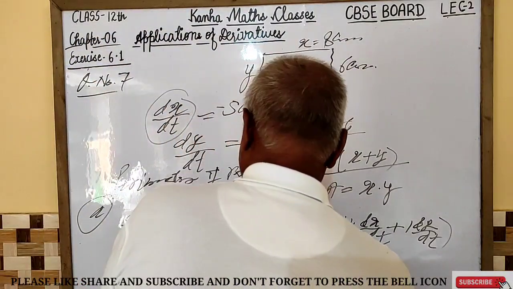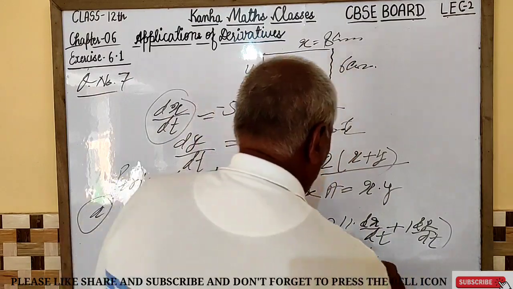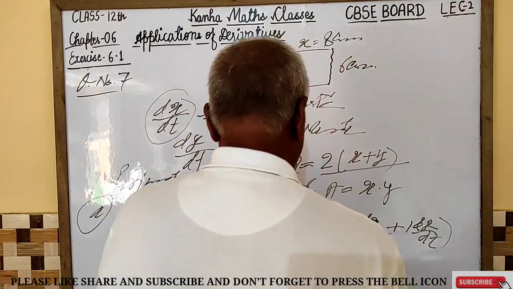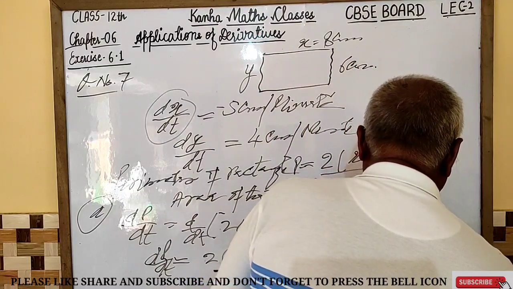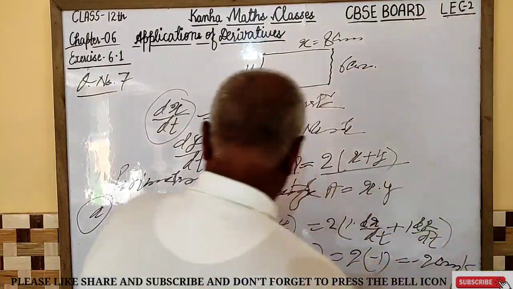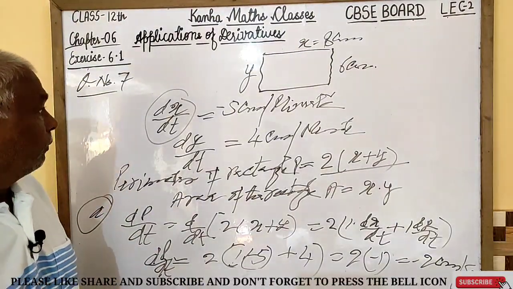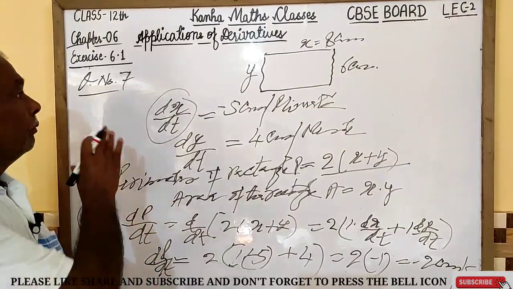It means 2 times minus 5 plus 4, which is minus 1. It means minus 2 centimeter per minute.